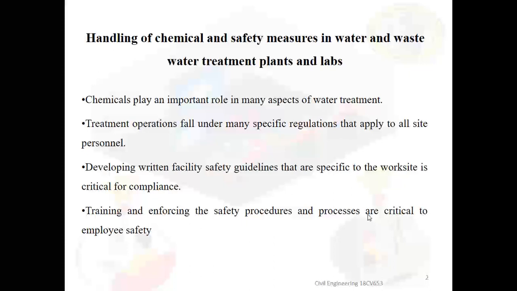Training and safety procedures and processes are critical to employee safety. I mean, this plays an important role for the employee safety.